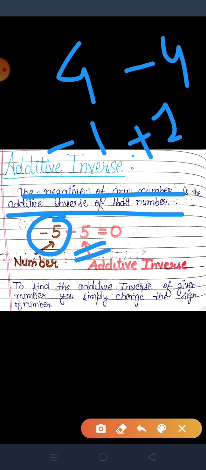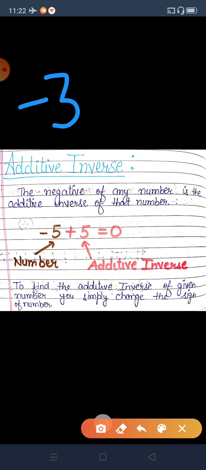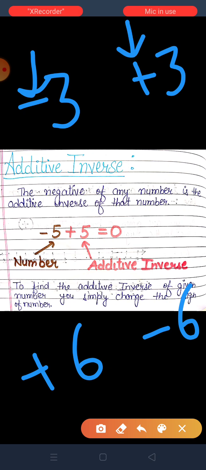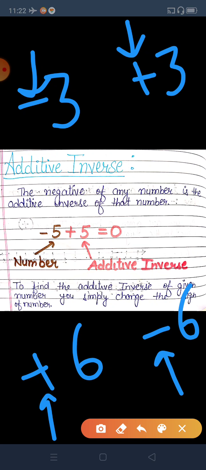So the additive inverse of 4 is minus 4, of minus 1 is plus 1, of minus 3 is plus 3, and of plus 6 is minus 6. You just have to change the sign. If you are given a negative sign, change it to plus. If you are given a plus sign, change it to minus.